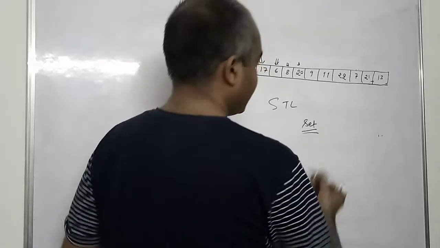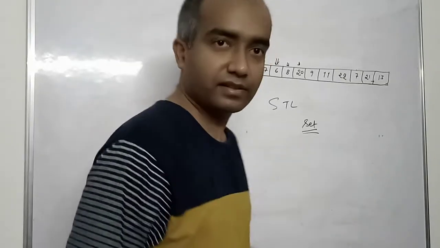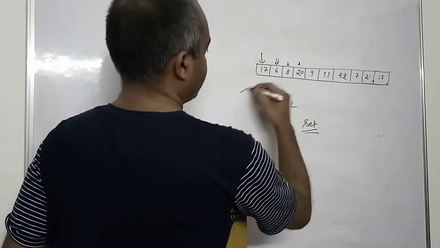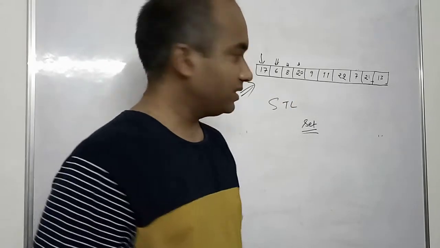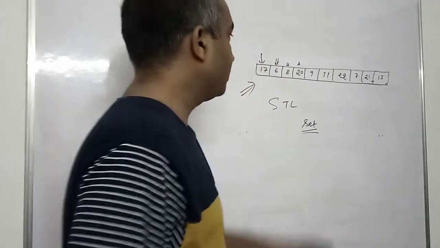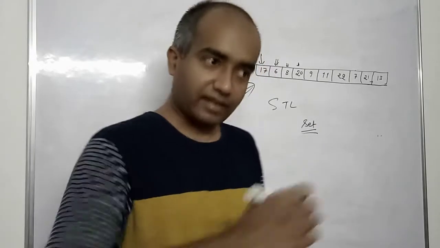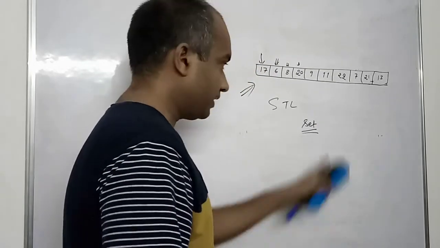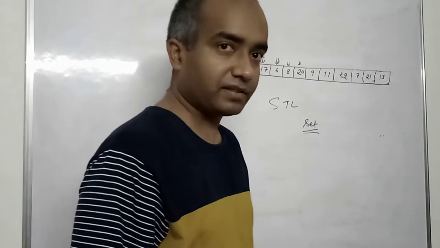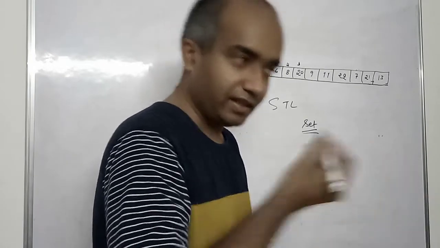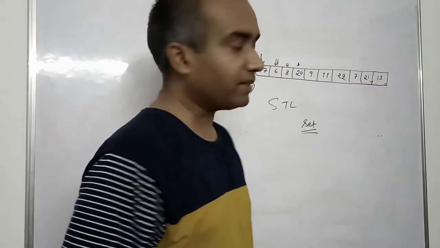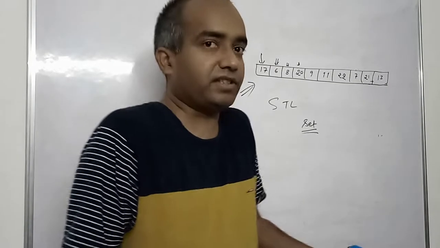So when you give this set and you keep inserting the elements in it, you just need to iterate once. You will iterate once, and the set will keep arranging all the elements as you insert them, in increasing order, right? By default increasing order, and we need it in increasing order, right?